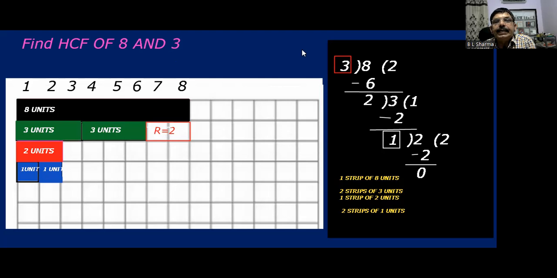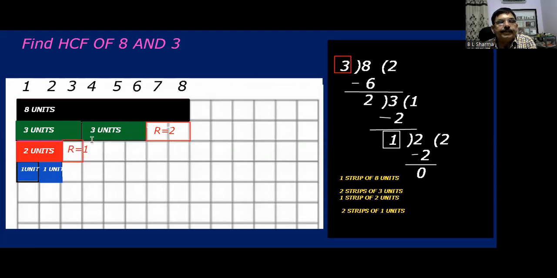Here in second case, when you divide 3 by 2, this is the remainder. And this remainder is 1.